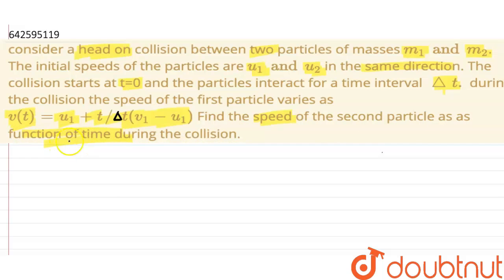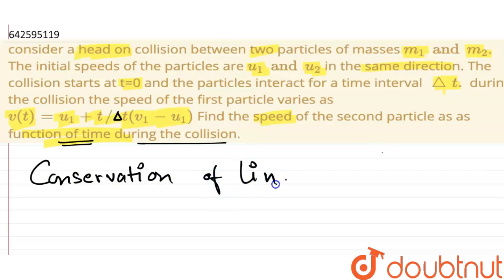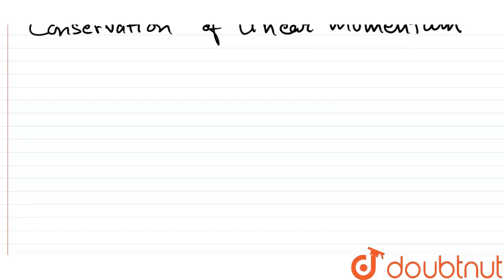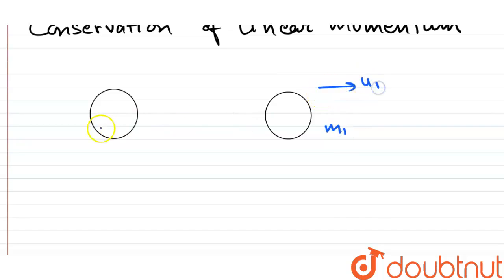So we need to find the speed as a function of time during the collision. So we know in this question we will apply conservation of linear momentum. Suppose these are the two masses, m1 moving in this direction with velocity u1 and m2 moving in this direction with velocity u2.